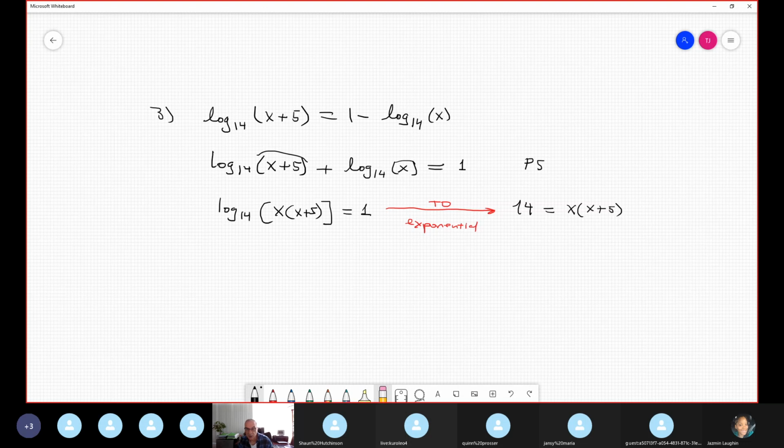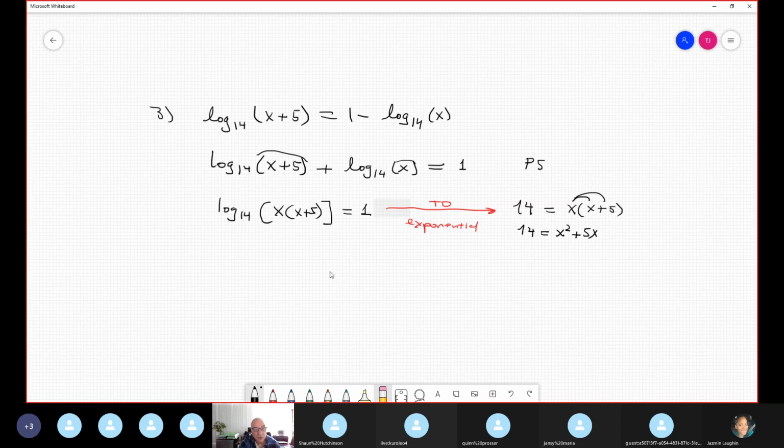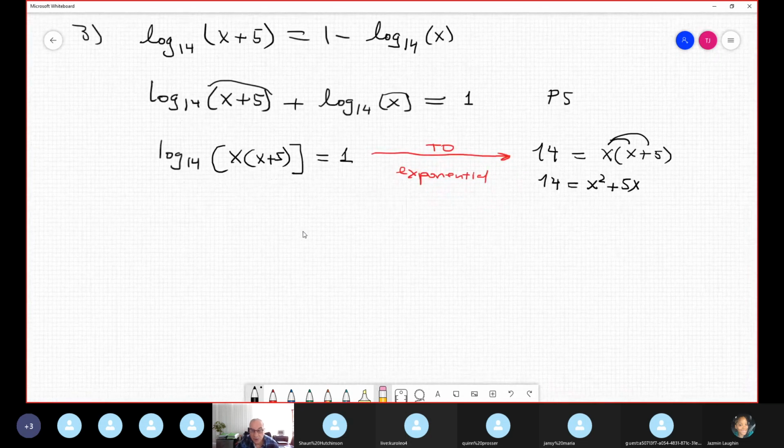This looks like a quadratic equation. I apply the distributive property: 14 is equal to x squared plus 5x. I organize the quadratic equation in standard form: x squared plus 5x minus 14 equal to 0. Wow, an easy quadratic equation.